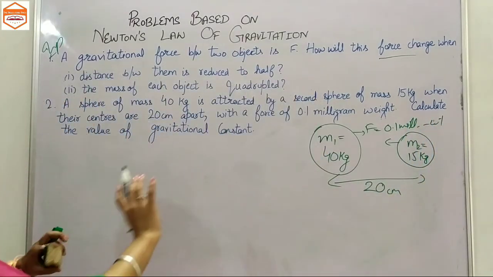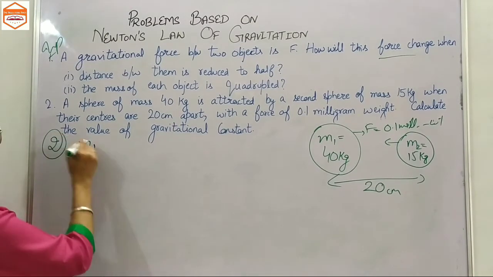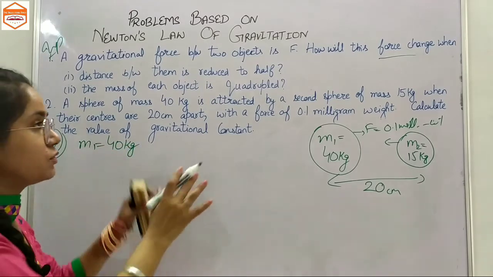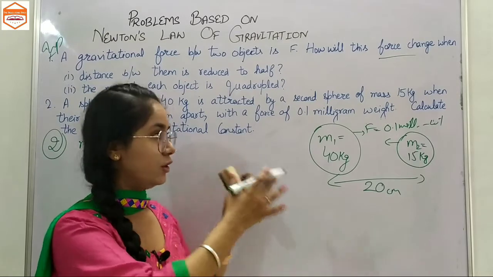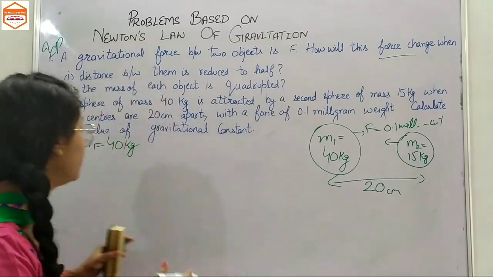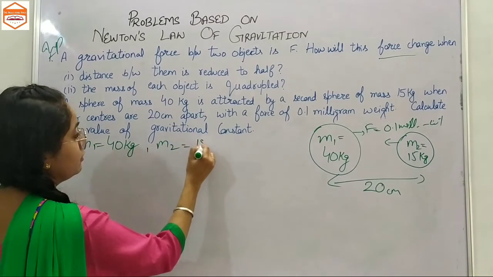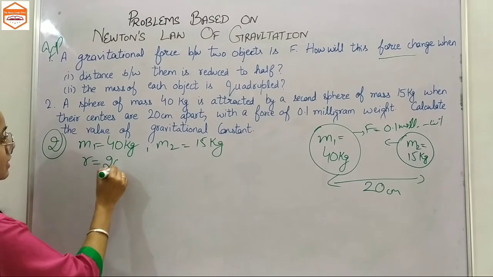Right? I'm going to write it short now. How to systematically write the solution of a problem we're going to learn here. M1 is 40 kilograms, M2 is 15 kilograms. Now the distance between them is 20 centimeter.